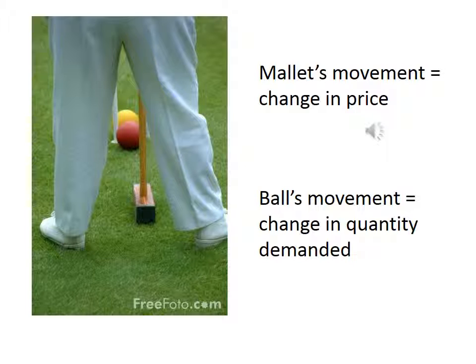How far the ball goes, that's the change in quantity demanded. So again, you hit the quantity demanded with the price mallet. How far the ball goes, that's how responsive the ball is to being hit by the mallet. That's how elastic the ball is, or how elastic quantity demanded is to changes in price.